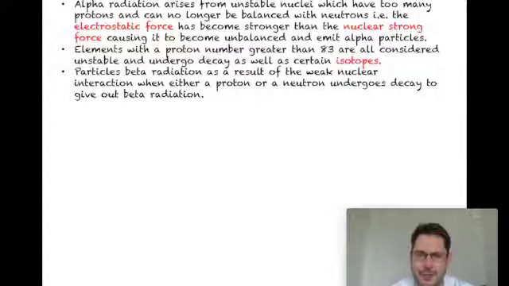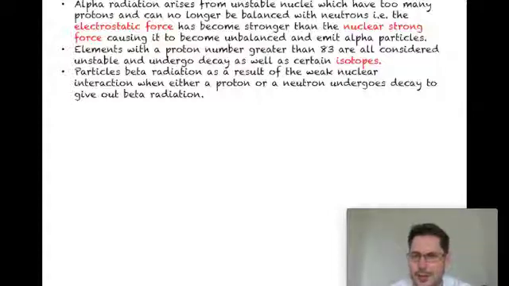Now, why has it become unstable? Well, there are two forces at play to consider here. One is the electrostatic force, and that is that force that we've met previously, which is the force between positive and negative charges. And there's another force at play called the strong nuclear force. Now, if you think about a nucleus, it only has positive charges, so we know that positive charges repel each other.